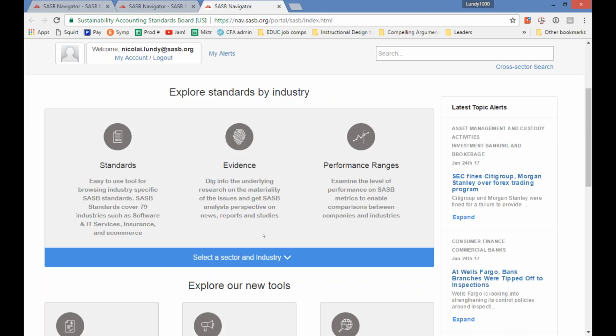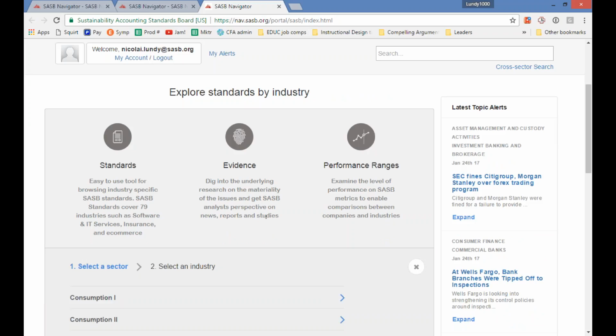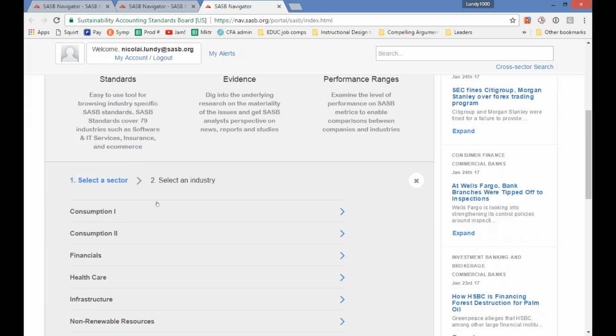So some people come in trying to understand, from a particular sector or industry perspective, what are the material ESG factors, what has surfaced in SASB's research process. And so you can do that by just going down here, clicking a sector, clicking industry, and going that way.